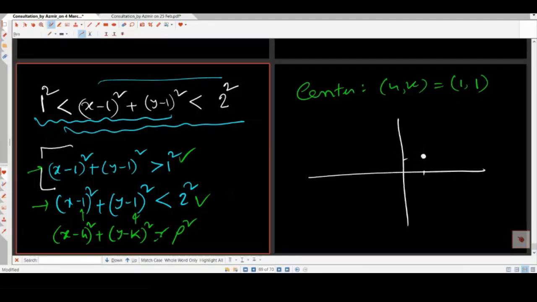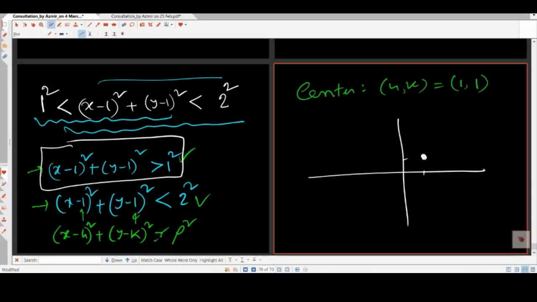So let us draw the first circle. This circle is with center (1, 1) and radius 1. We can easily draw the graph. So this is the first circle.